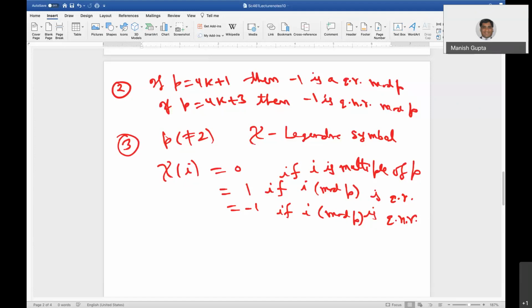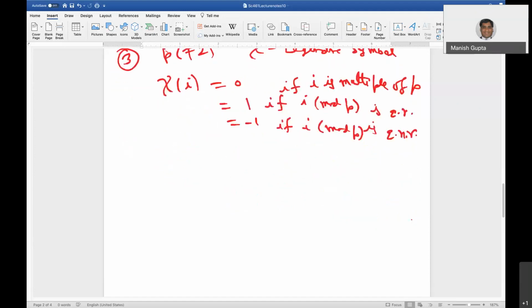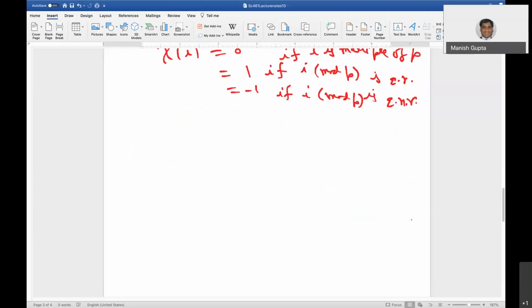Okay, so from this construction, from this function, we construct what is known as a Hadamard matrix. How do we do this?